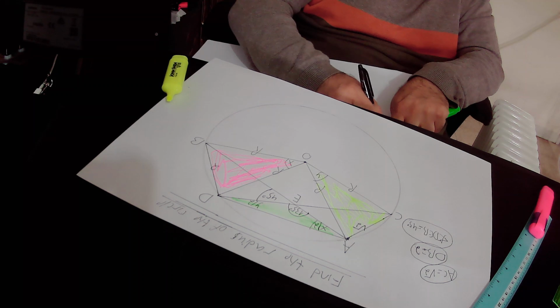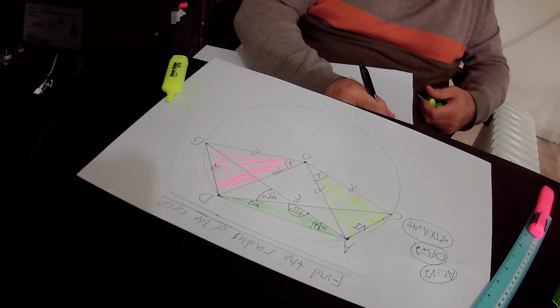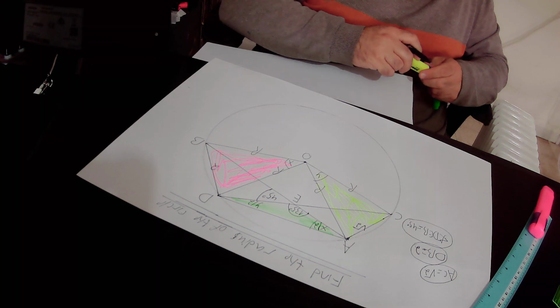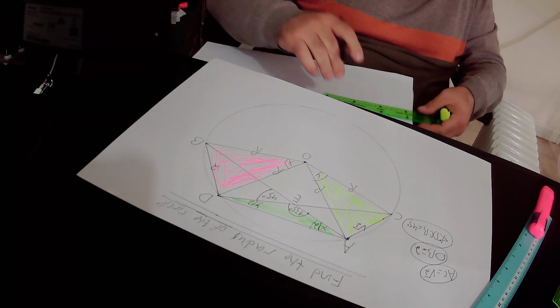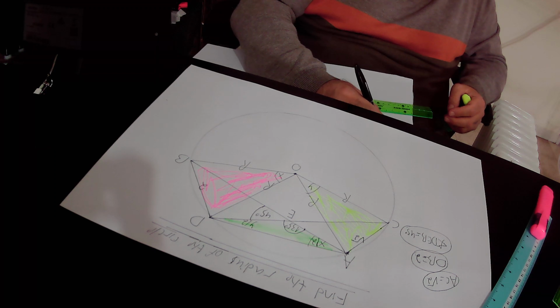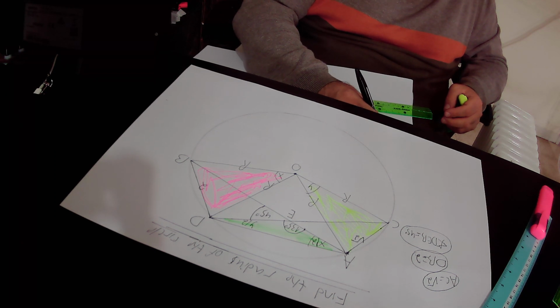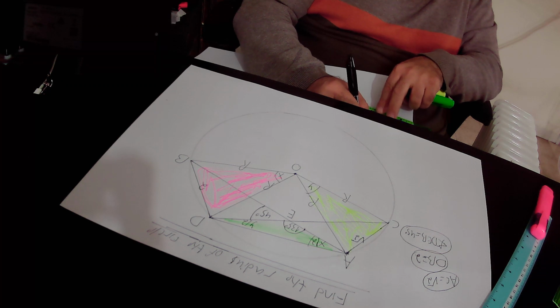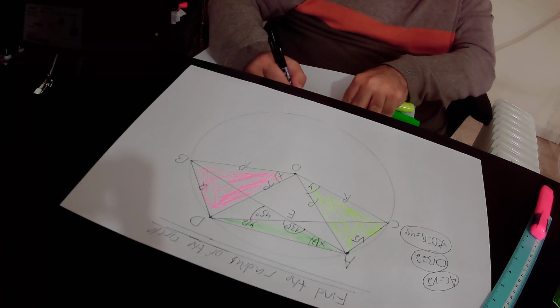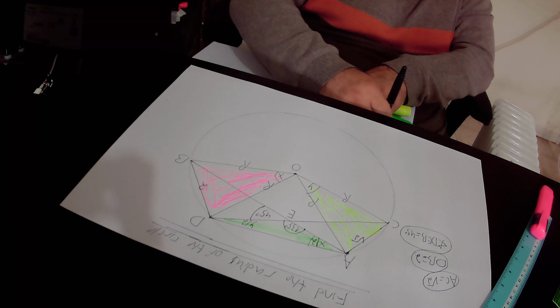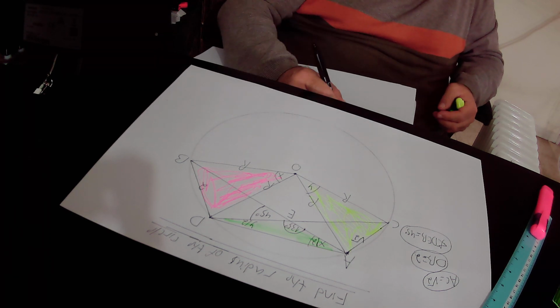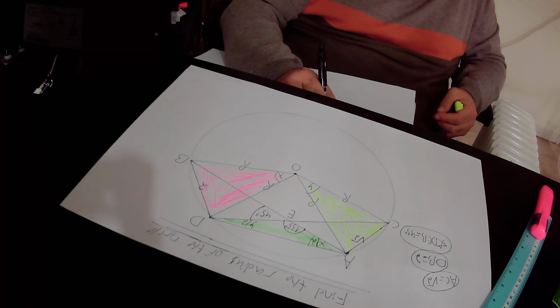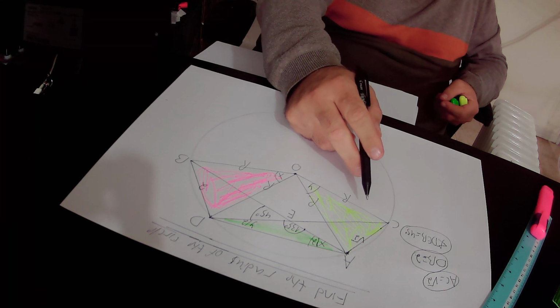According to the law of cosines, cosine y equals r squared plus r squared minus square root of 2 squared.